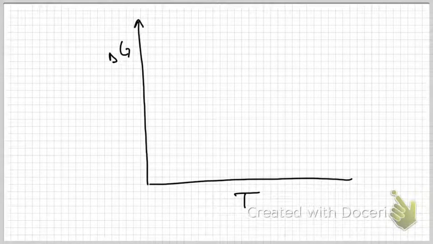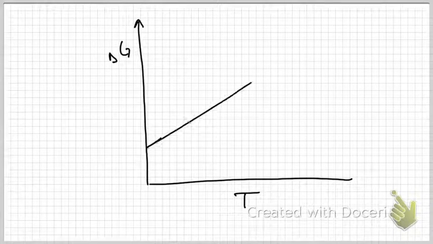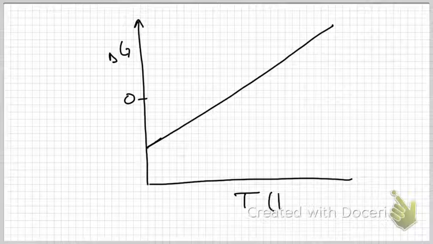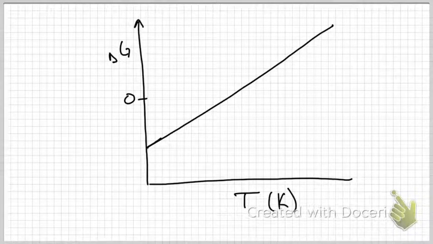All right, so have you guys seen a plot of temperature and how Gibbs free energy changes with temperature? Nope. So if we had a plot like this, that as temperature increases, Gibbs free energy increases, what is the sign of delta H?